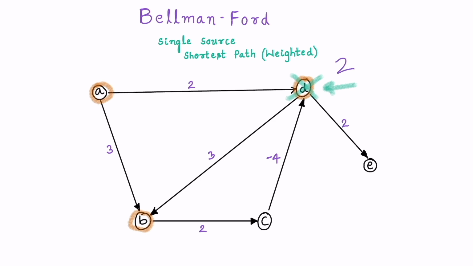But there is another path from A to D via B and C whose total cost is 3 plus 2 minus 4 equal to 1. Dijkstra's algorithm never explores this path because it assumes that all the edges have positive weight.